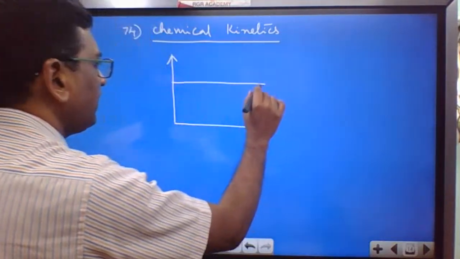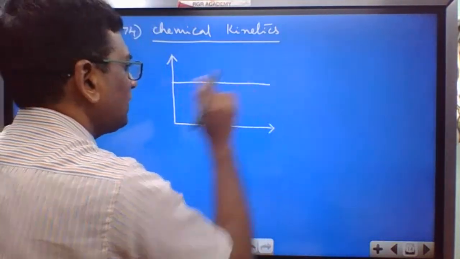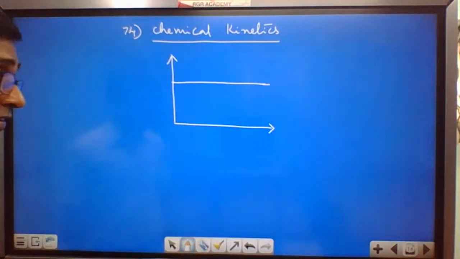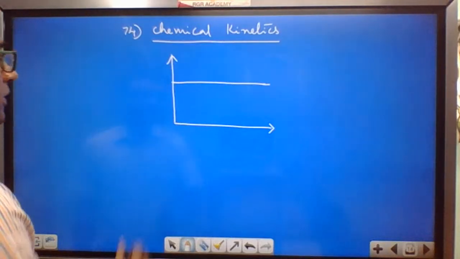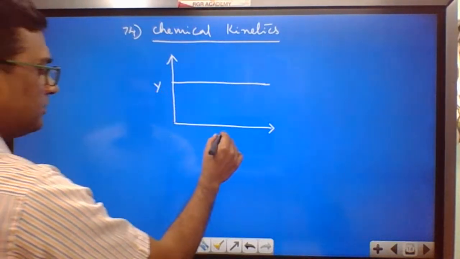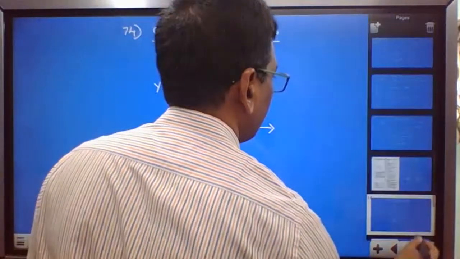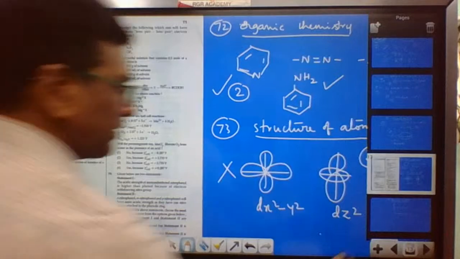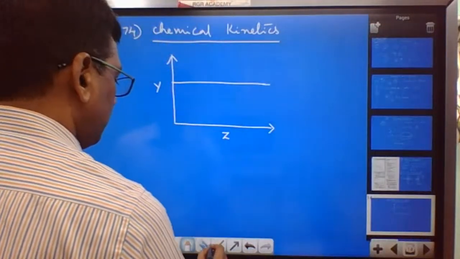There is no variation. You are getting a straight line means there is no variation. So we already discussed in the class in RJR. You see that they gave y and x in the graph.